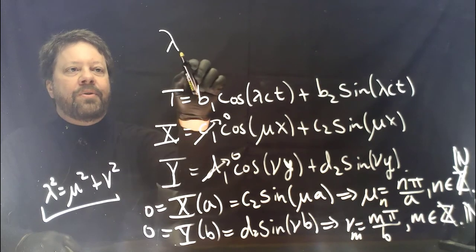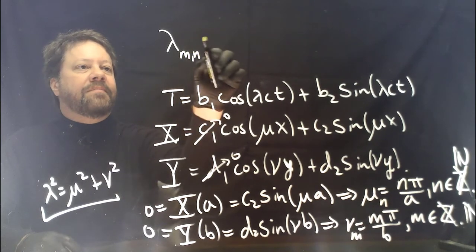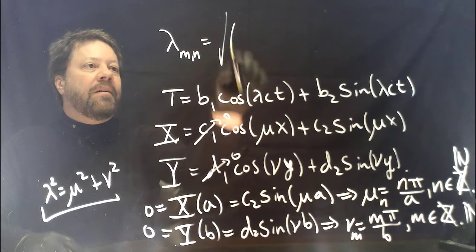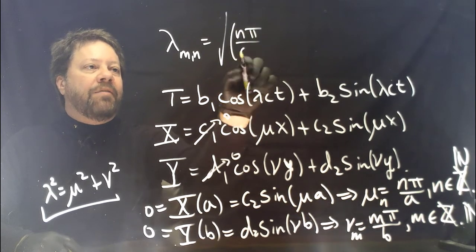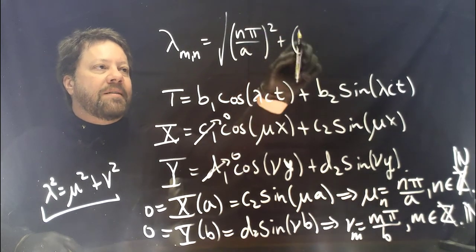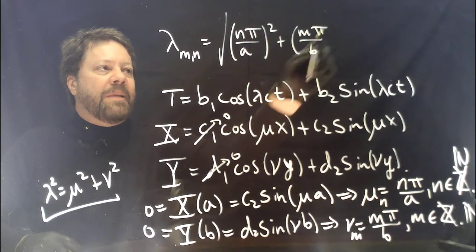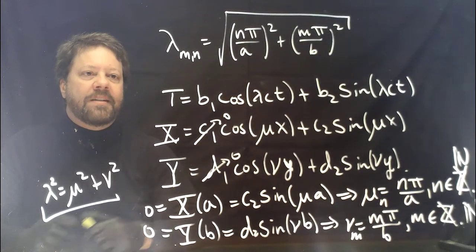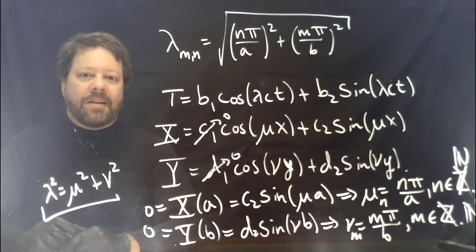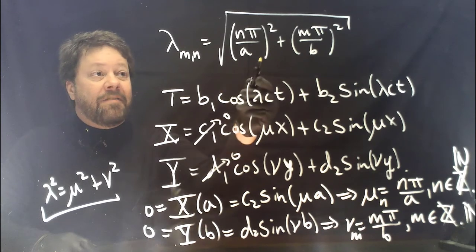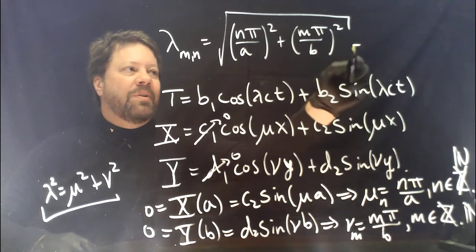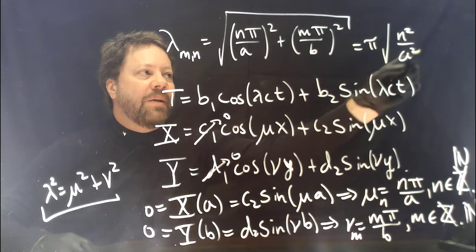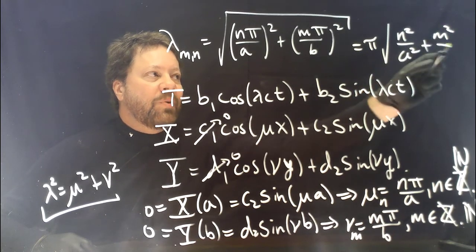Lambda will have two subscripts, m and n, and it's going to be the square root of (n pi over A) squared plus (m pi over B) squared, and we'll give this the principal square root, since the lambdas may be assumed to be positive. Factoring a pi squared out of the square root, we'll have pi times the square root of n squared over A squared plus m squared over B squared.